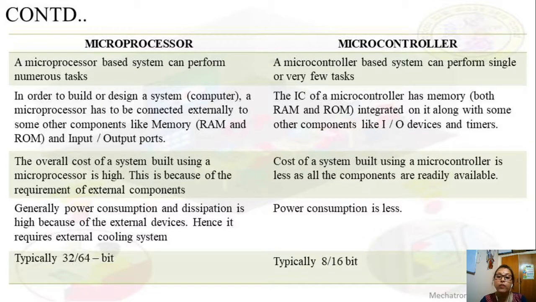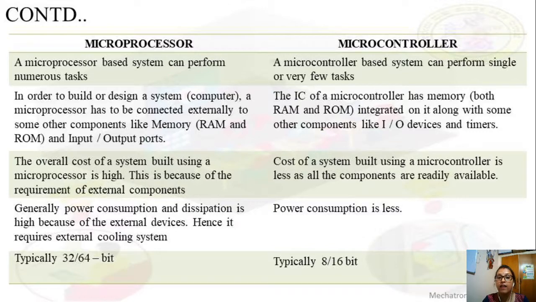And one more difference we can add. If the computer system fails, we can replace parts. If there is a fault in a processor, we can replace the processor. If there is a fault in memory or input output devices, we can replace those devices. Whereas in a microcontroller, if there is a fault in memory, input output devices or other peripheral devices, we have to replace the whole microcontroller chip.